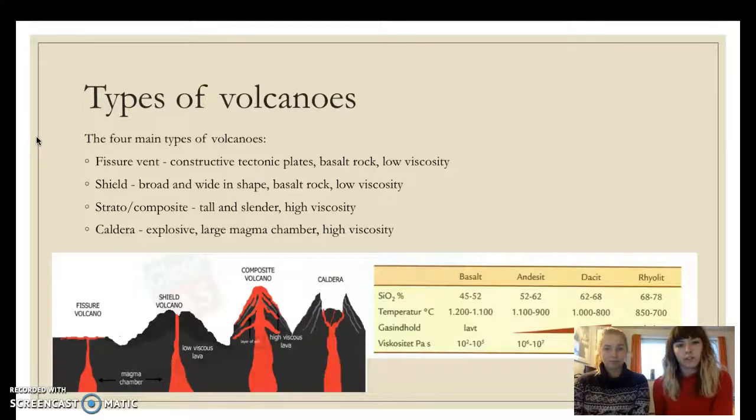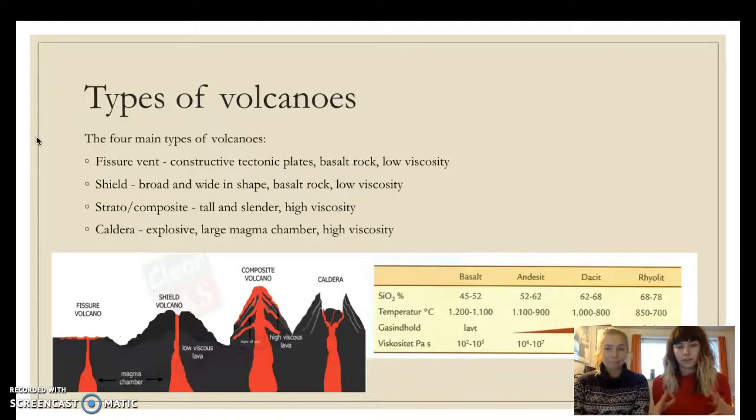And then we have the strato, or the composite type of volcano, which is a tall and slender volcano, and it has a high viscosity, and that is why it's so tall, because the lava just stays on top.